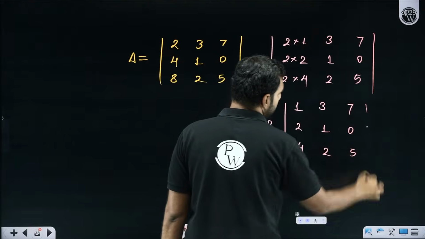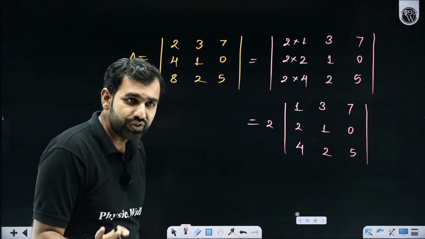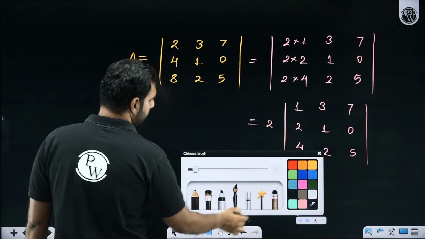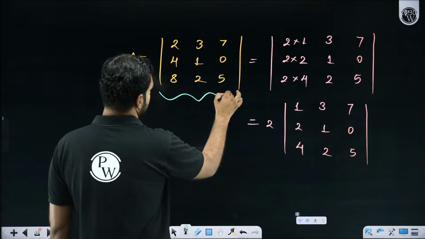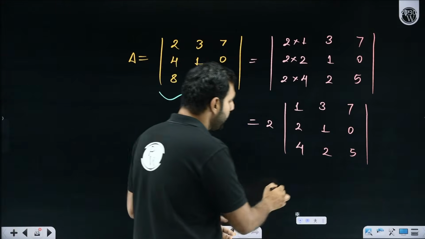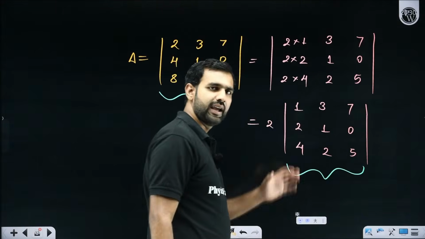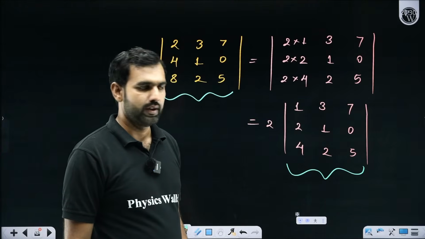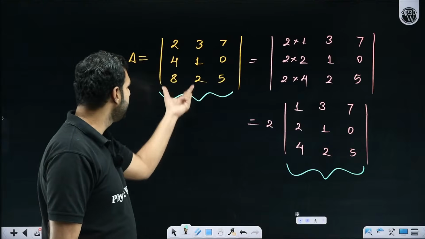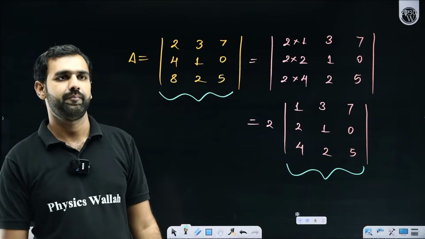Sir, what are you trying to say? All I'm trying to say is a simple fact: if you expand this and find its value, and you expand this and find its value, the value of this determinant multiplied by 2 will be equal to the value of this determinant.